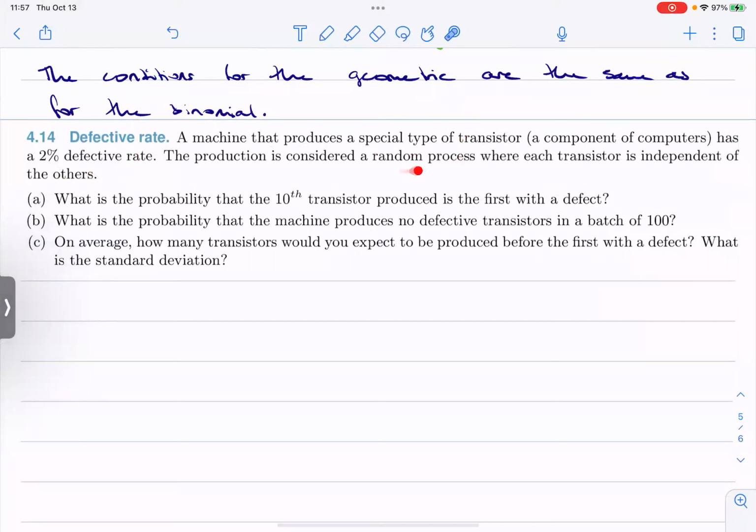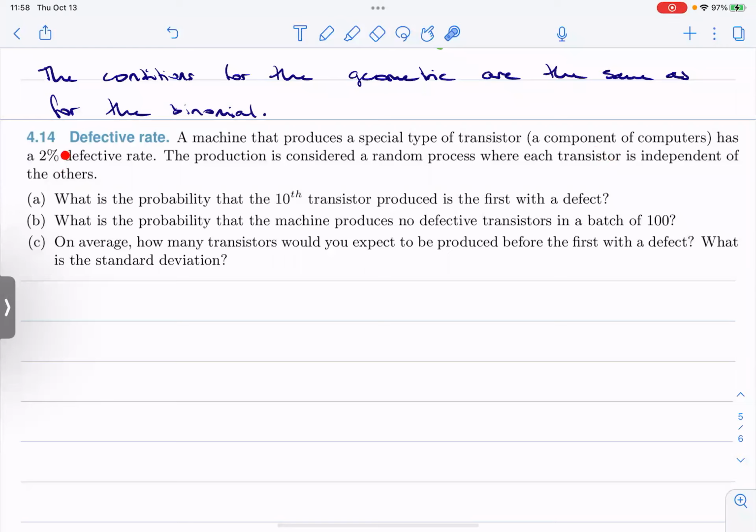The production is considered a random process where each transistor is independent of the others, which means it's either defective or not defective. So there are two possible outcomes, and we're told that these are all independent of each other. So the probability of it being defective is always 0.02, right?